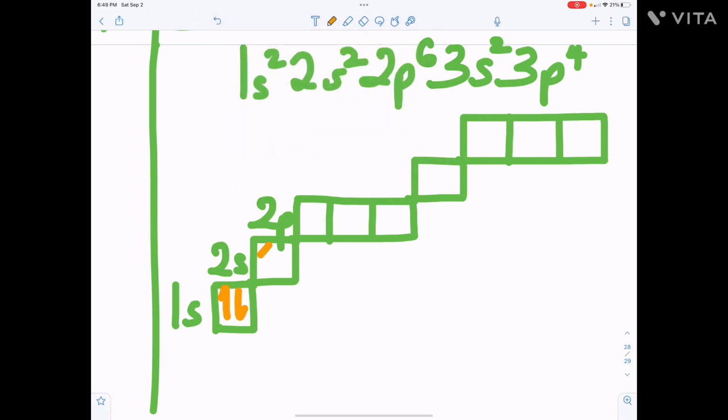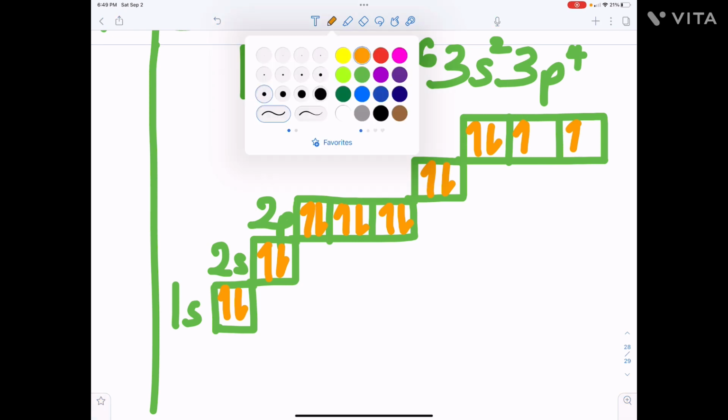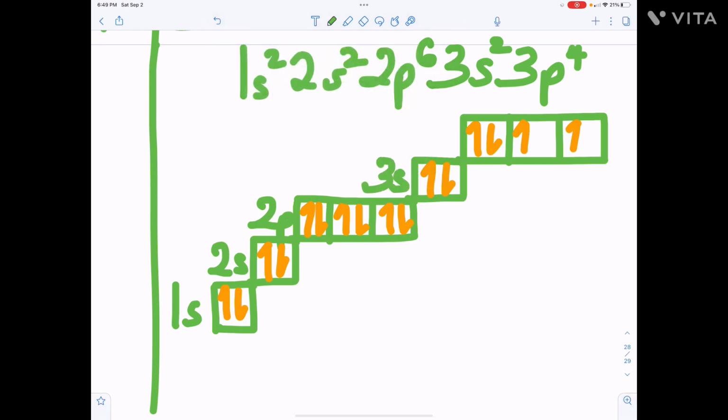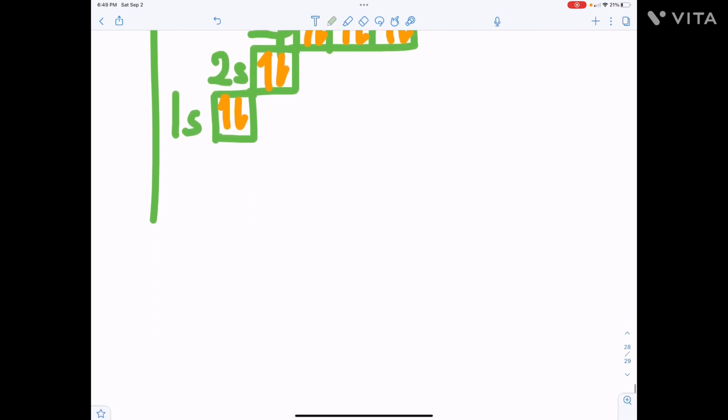So 1s2, 2s2, 2p6, 1, 2, 3, 4, 5, 6, 3s2, then 3p4. 1, 2, 3, 4.